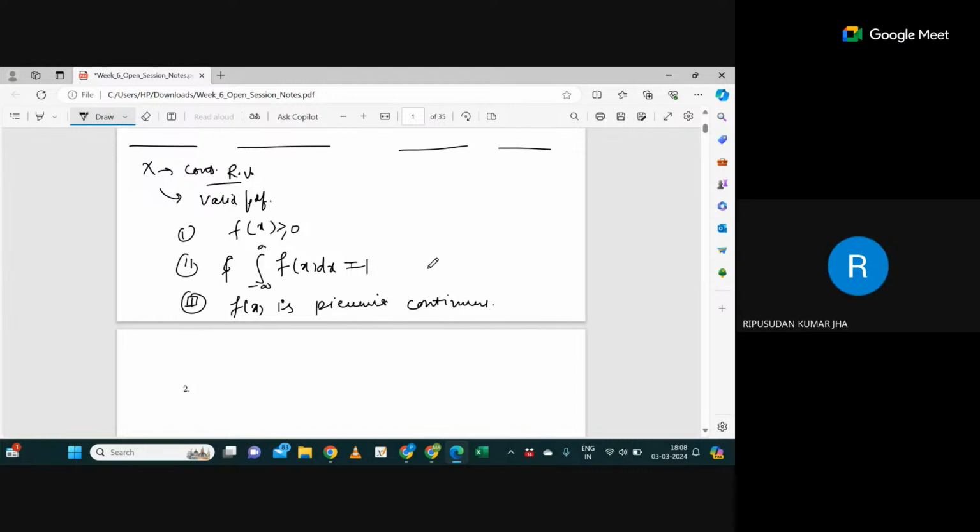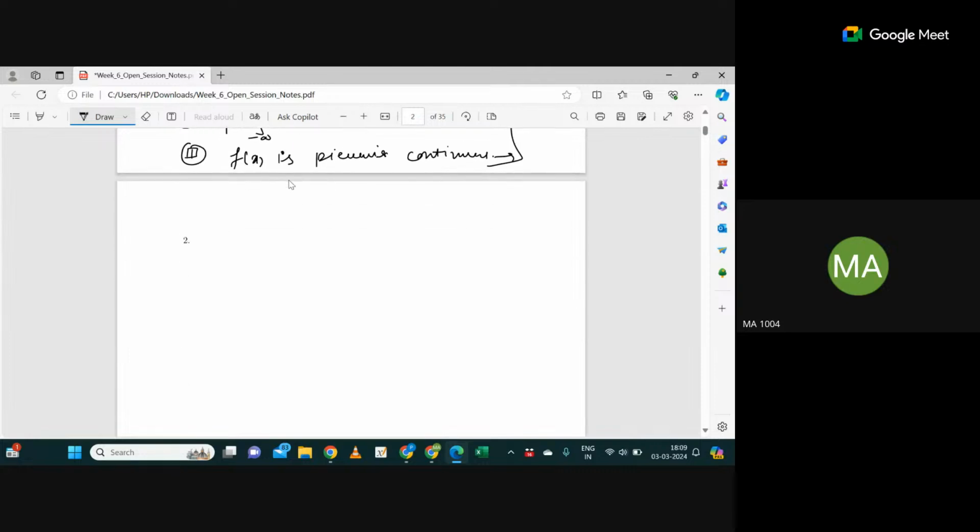So these were the main properties in the case of a single continuous random variable. In point two there was a double integration sign; I will go to that, I'm starting with the single one. These were the three properties of a valid PDF, and f of x is nothing but a function from R to R. Now, how to define joint density in 2 dimensions?